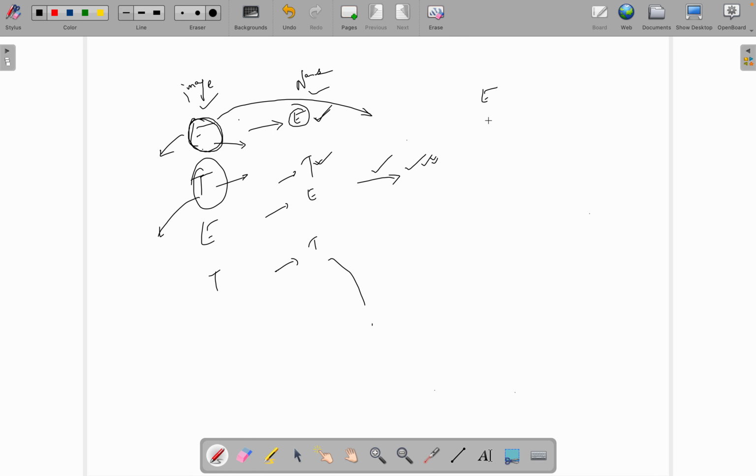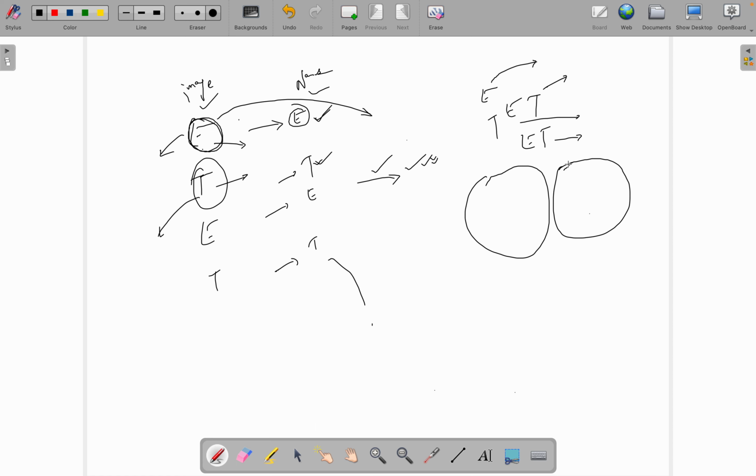Now you have something like elephant, tiger, elephant, tiger, elephant, tiger, and you have not labeled them. That means you have not told your program that this is an elephant and this is a tiger. You have not given this information to your program. So when I say recognize what kind of animals are there, based on the features it will just try to cluster the animals.